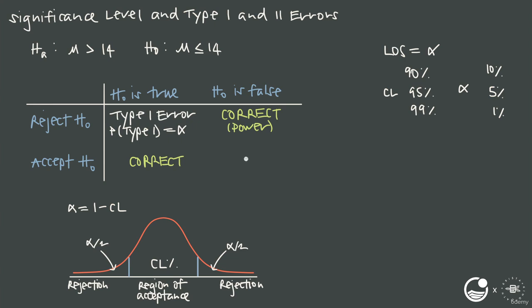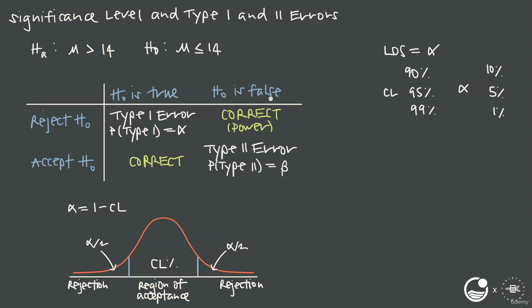Now, the fourth scenario we can end up with, this one here, where the null hypothesis is actually truly false, but we accept it anyway when we shouldn't, we call that, as you may expect, a type 2 error. And the probability of making a type 2 error we call beta.